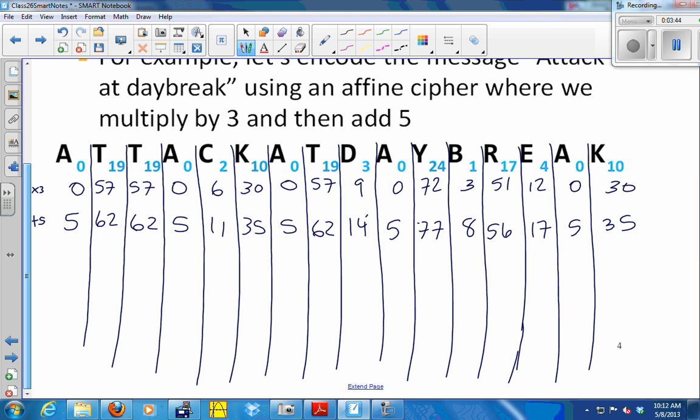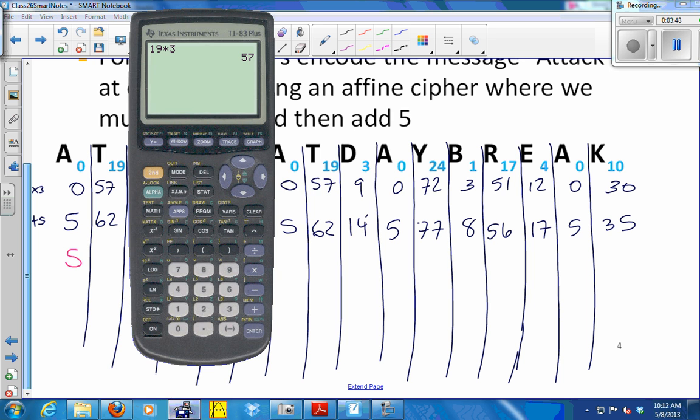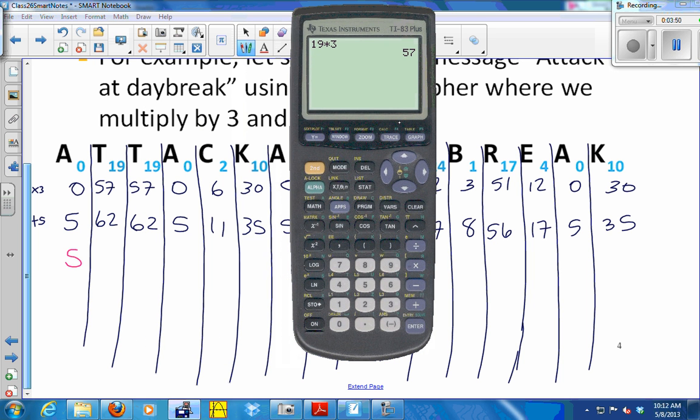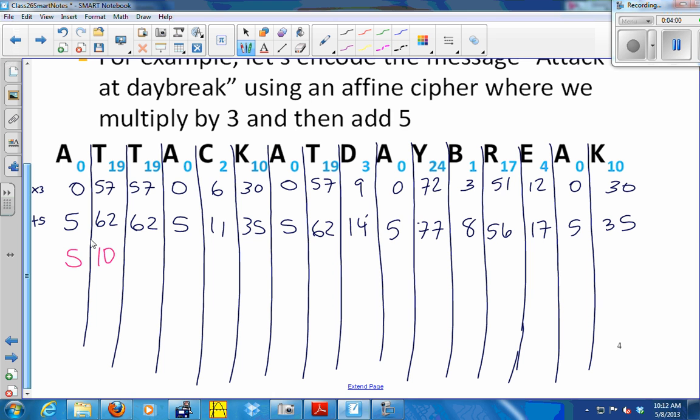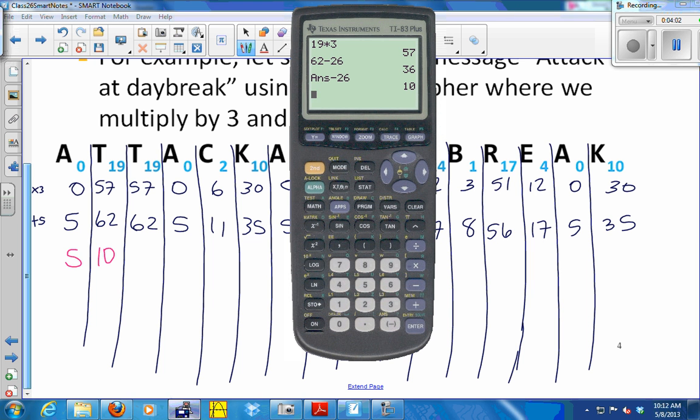Okay, so 5 is fine. It's already between 0 and 25. 62, I could do 2 different ways. I could start with 62 and subtract 26 until I get a number between 0 and 25. So I get 10. Or you can do 62 divided by 26. Your calculator is going to give you a decimal as opposed to the remainder.